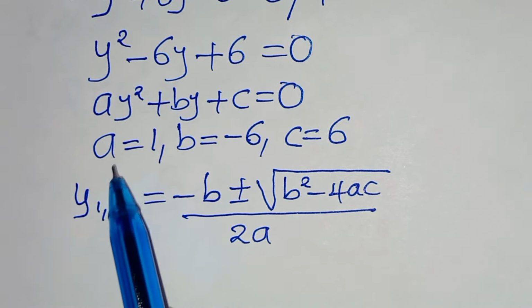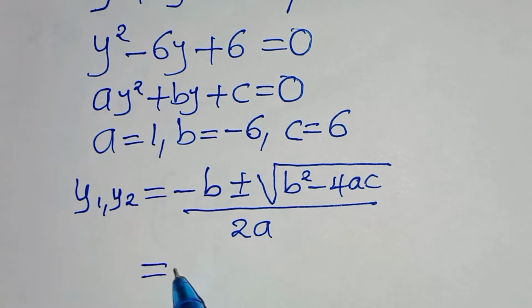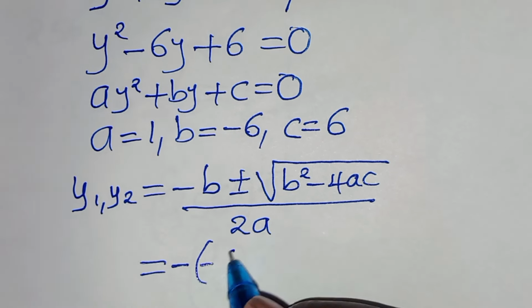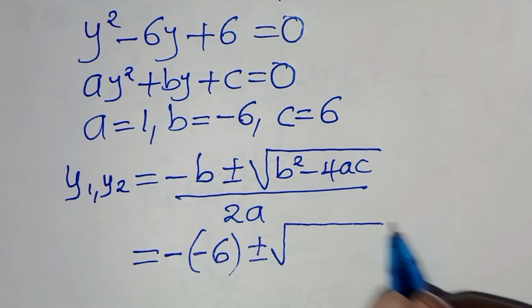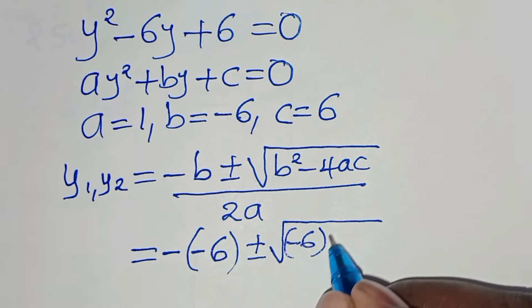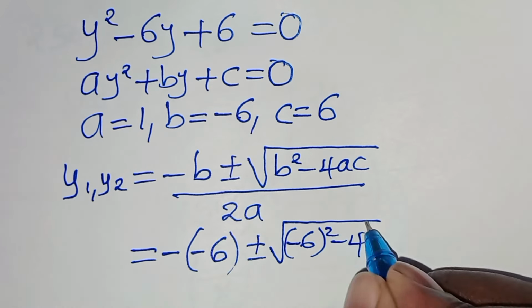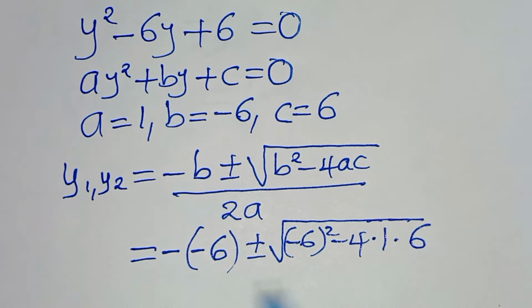Let's substitute the values of a, b, and c from here, so that now here we have minus 6 plus or minus the square root of negative 6 squared minus 4, then times a, which is 1, then times c, which is equal to 6.